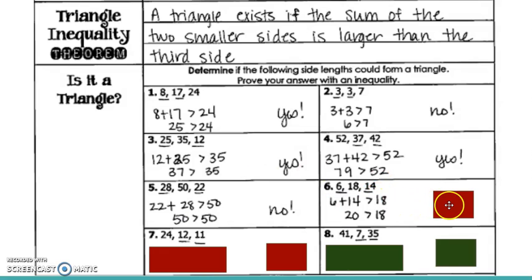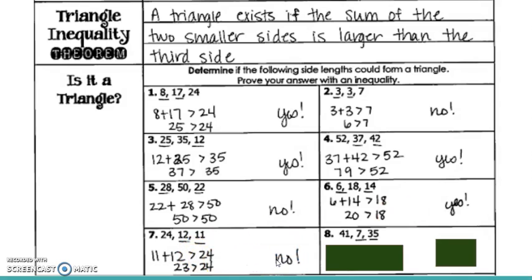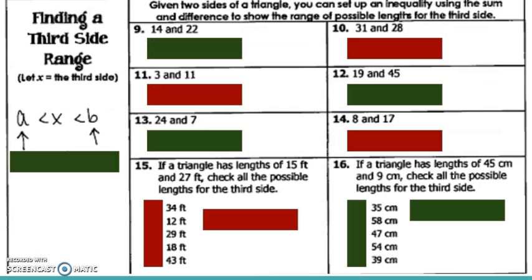Number 6, when I add them together, it does form a triangle. For number 7, when you add the smaller sides, it does not form a triangle. And number 8 does form a triangle. So again, triangle inequality theorem, we're adding the two smaller sides, and if it's larger than that third side, we say yes, it forms a triangle.